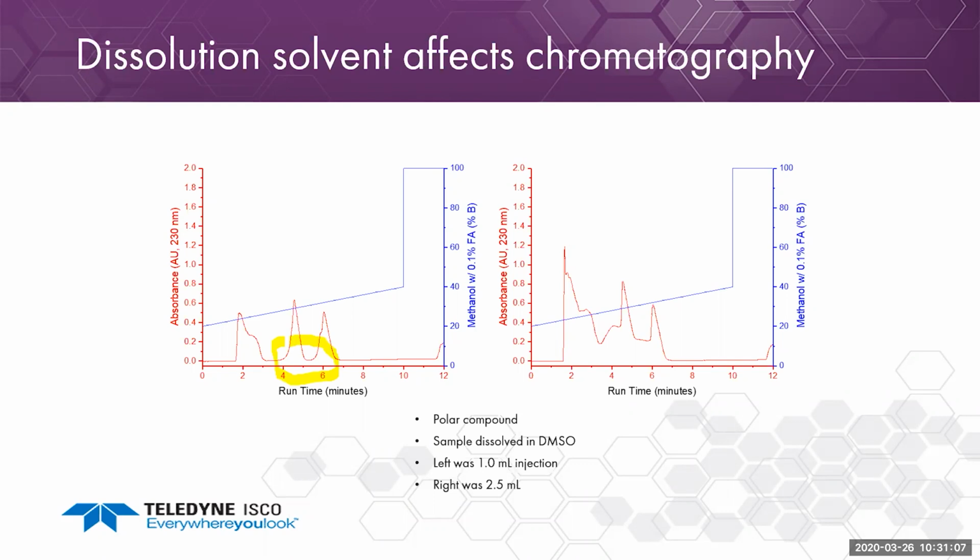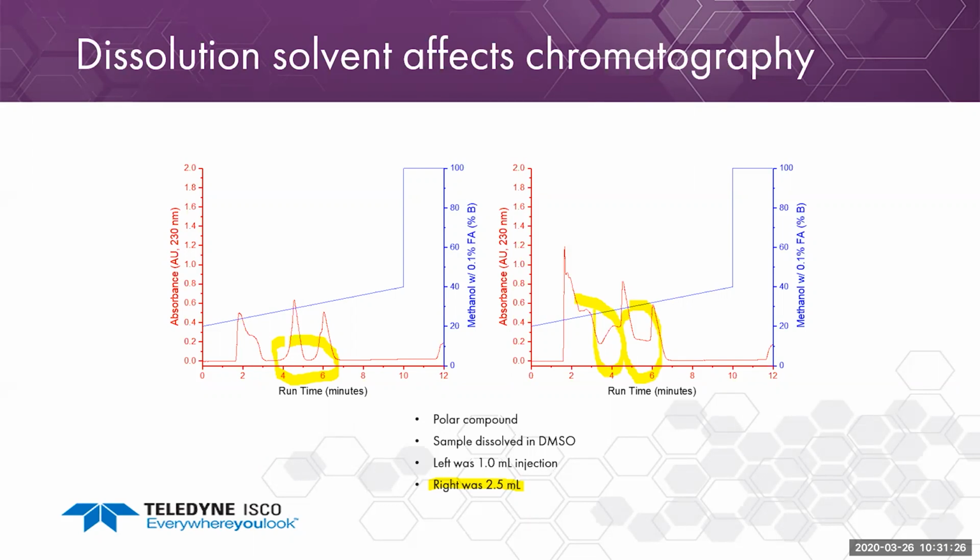But because I have that baseline resolution, I said, well, let me try injecting more. So I injected 2.5 mL, and now I get very bad chromatography over here. The peaks run into each other, and they run up into the DMSO.